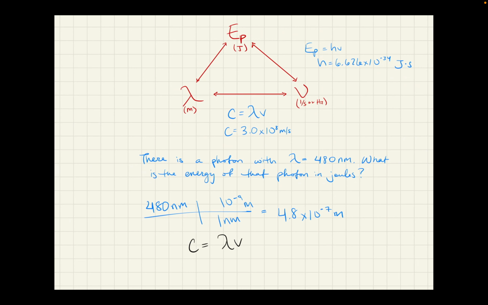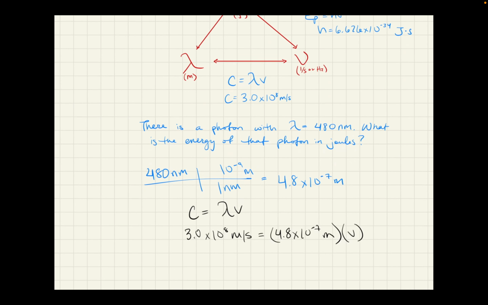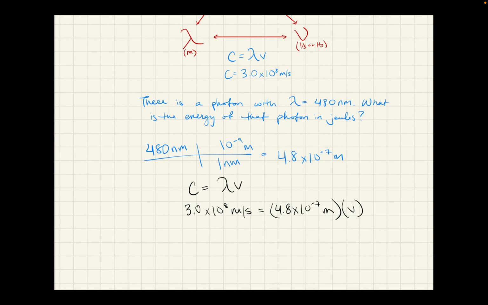Now I know the speed of light, 3.0 times 10 to the 8th meters per second, is equal to 4.8 times 10 to the negative 7th meters times nu, or frequency. All right, do a little algebra, divide both sides by this number.